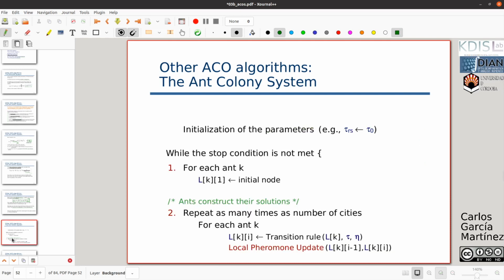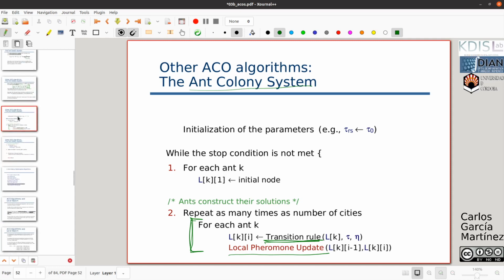Well, the pseudocode of this variant of ant colony optimization is this one. The only difference with regard to the previous pseudocode is that every time an ant applies the transition rule to make the following decision, it also applies the local pheromone update.